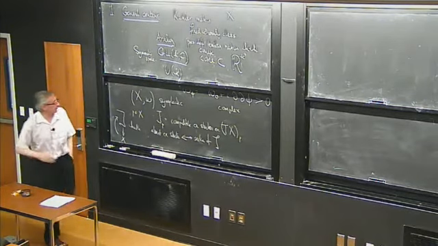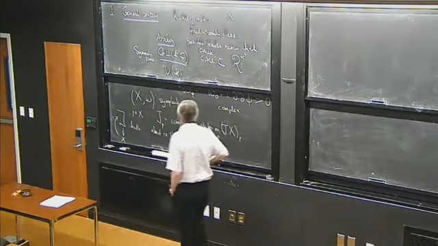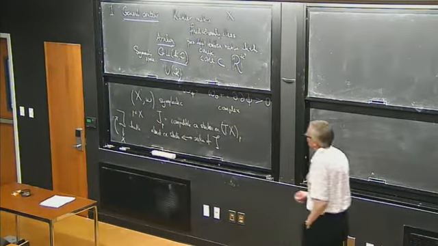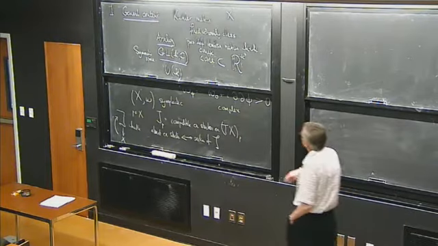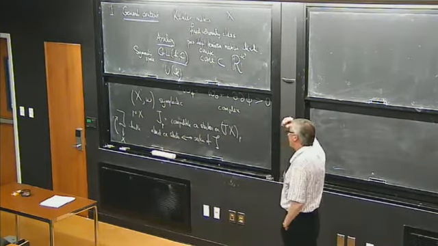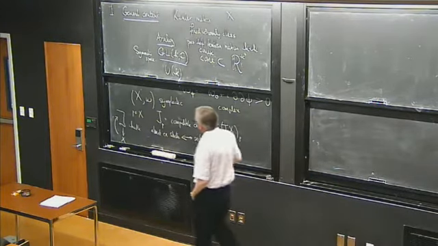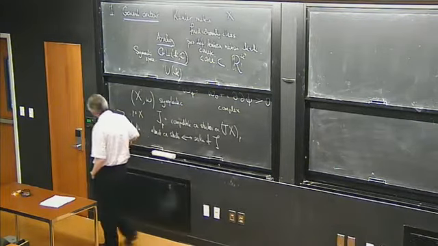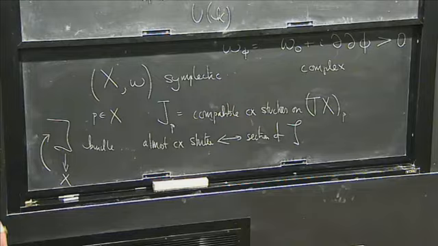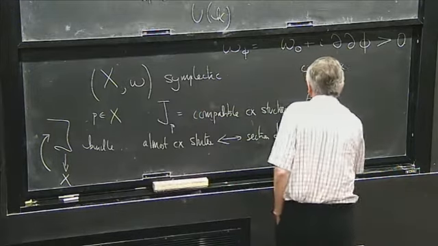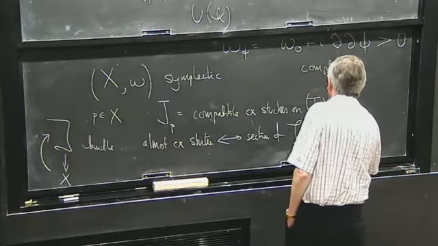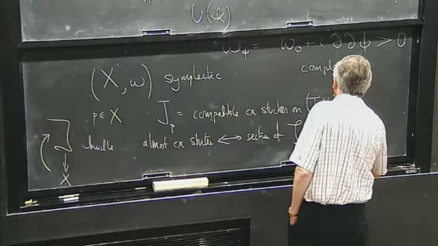In any case, from this point of view, what you see is a natural symmetry group coming into play, which is not really visible from the other point of view, but we have an action of the space of symplectomorphisms of X with respect to this fixed symplectic form acting on this space of sections. So say G is the symplectomorphism group.